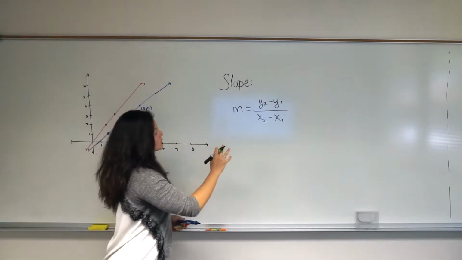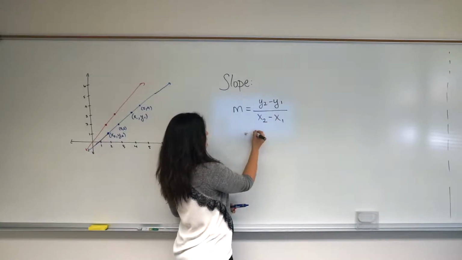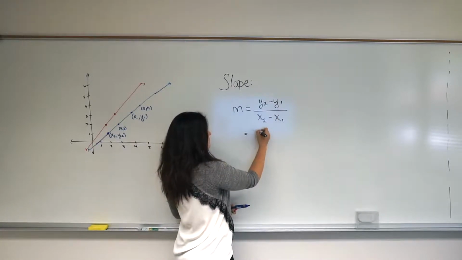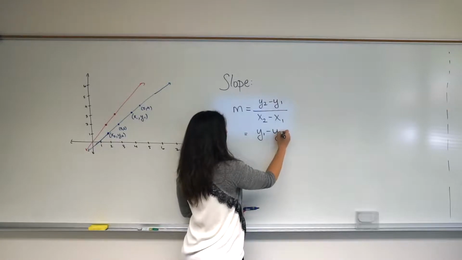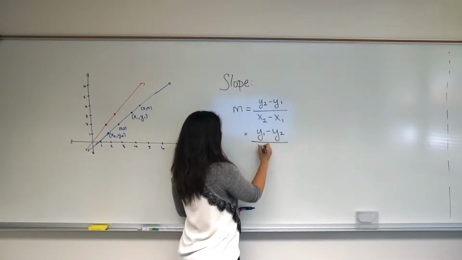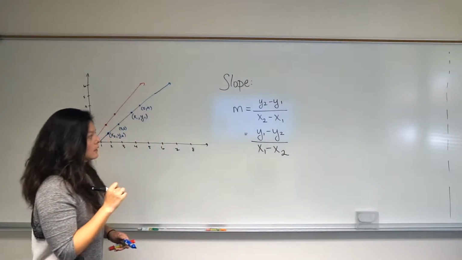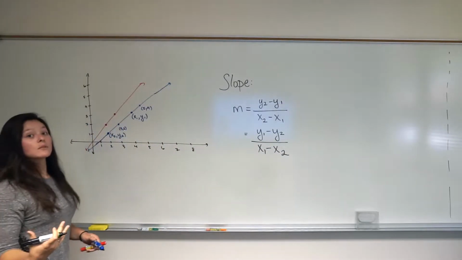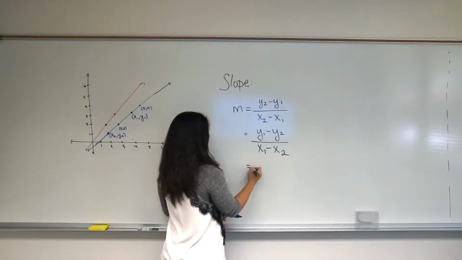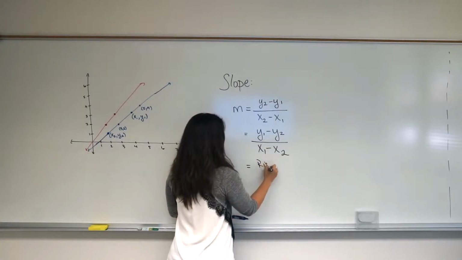And you can also swap these. This will give you the same result as if you took y1 minus y2 over x1 minus x2. Oftentimes you'll hear me say the rise over the run.